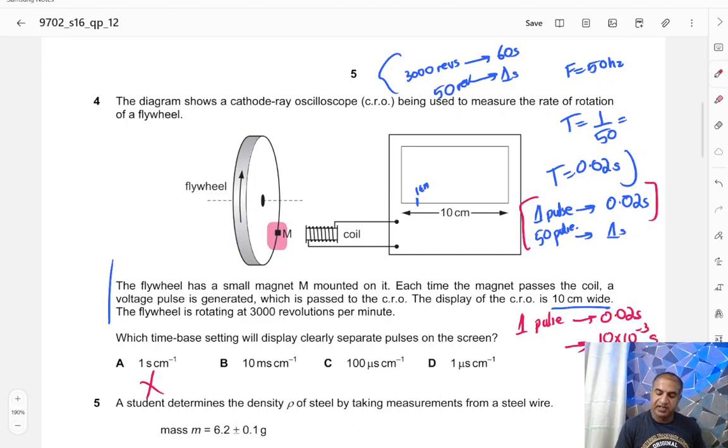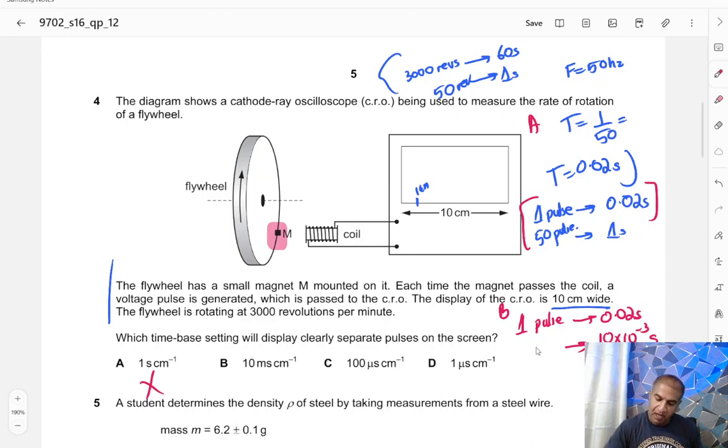Let's just see what happens in 10 milliseconds. We are trying option B. This was option A. So this is going to be 10 into 10 raised to power minus 3 divided by 0.02.